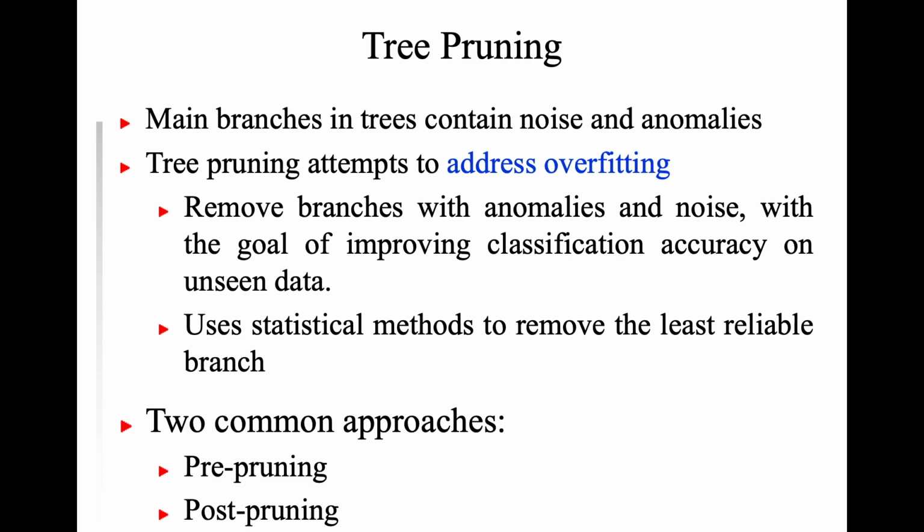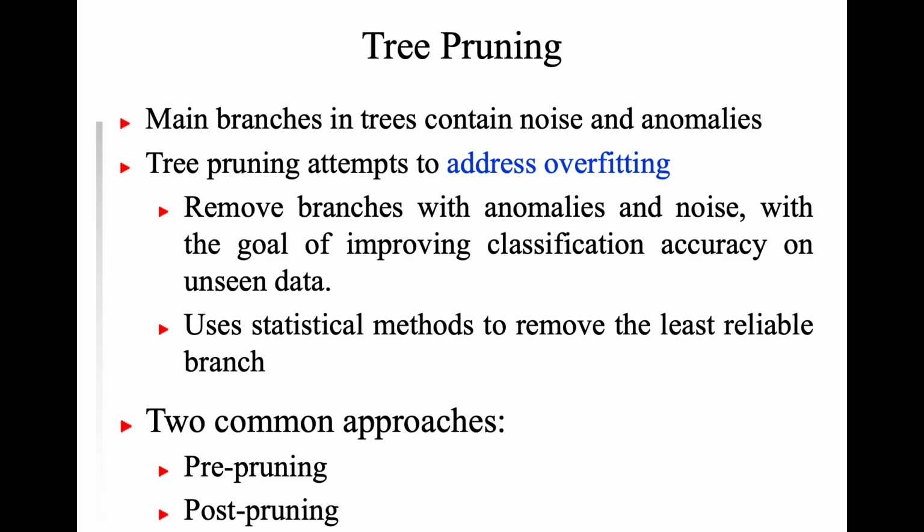Now one solution is that's why we do tree pruning. We have two main approaches for tree pruning. Does anyone know what tree pruning means? So it's essentially removing unused nodes, or nodes that don't really help us. Yeah, not all nodes are very helpful.